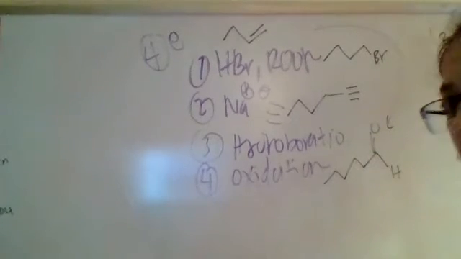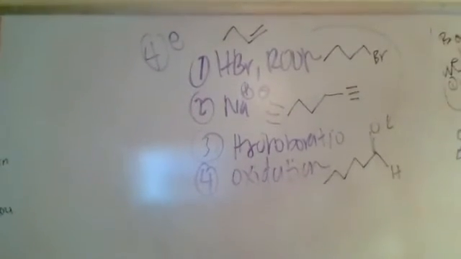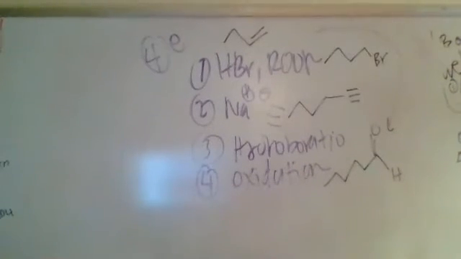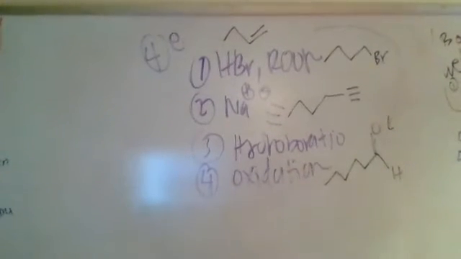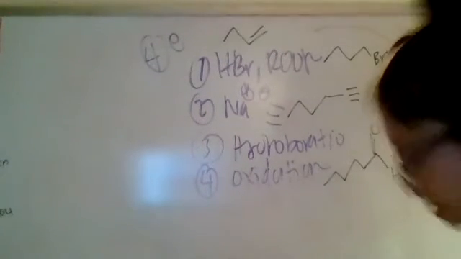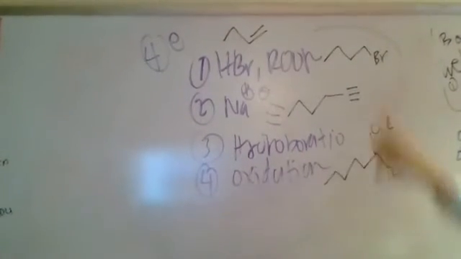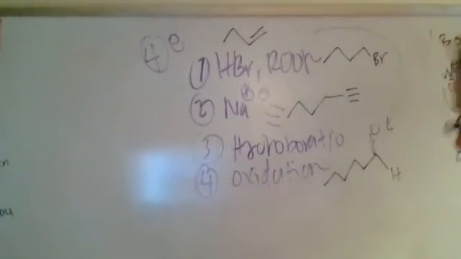The first part is the BH3, and the second is the oxidation part. I just wrote it like that because I didn't want to write down the reagents, because I'm lazy. But you go from here to here to here, and that's how you get from here to here. Yes, we concur.